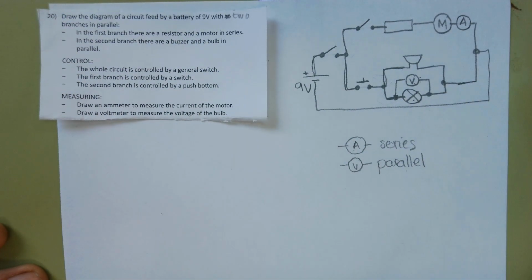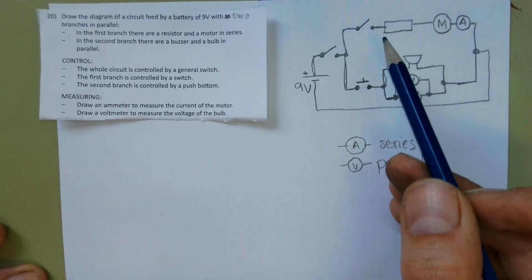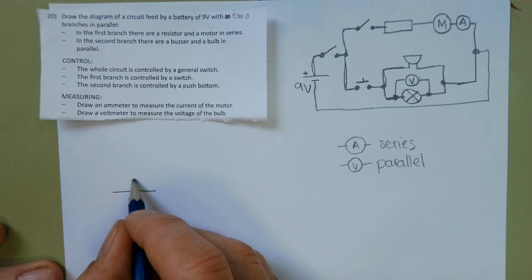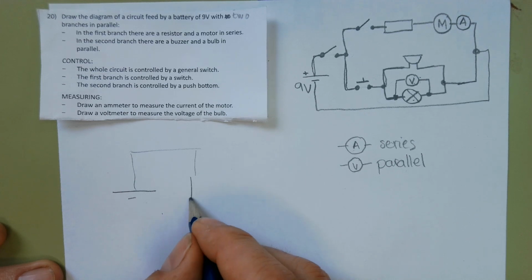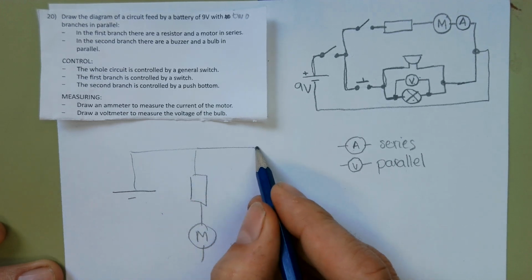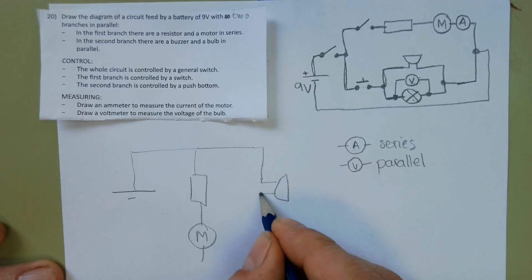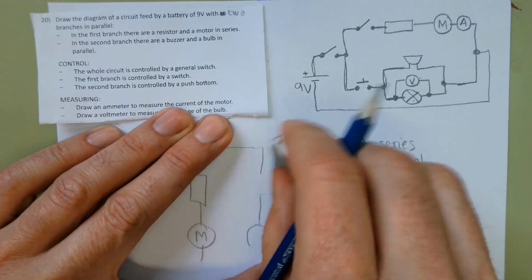As an example, there are other options to do it. For example, instead of drawing the branches in parallel like this, another option would be having the branches like this: a resistor, a motor, and another branch in parallel with the buzzer, and no, sorry, these two are in parallel.